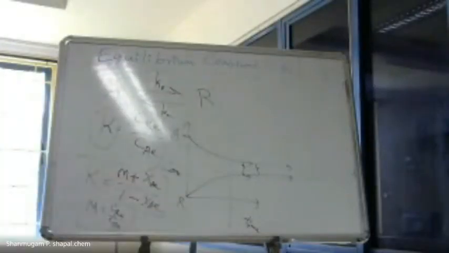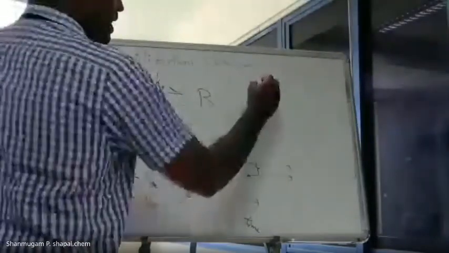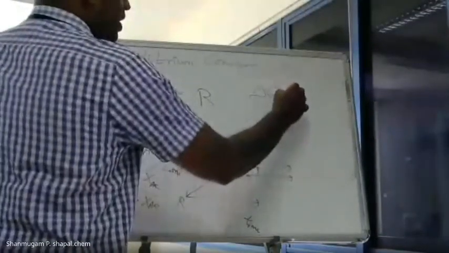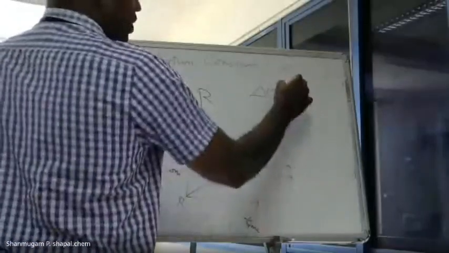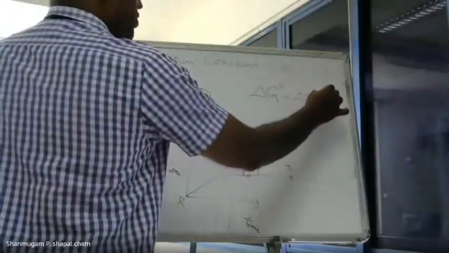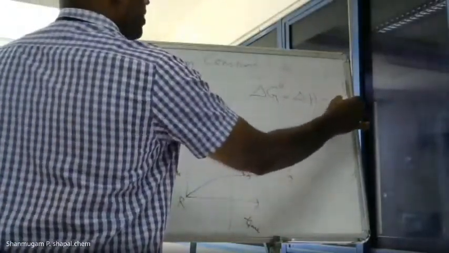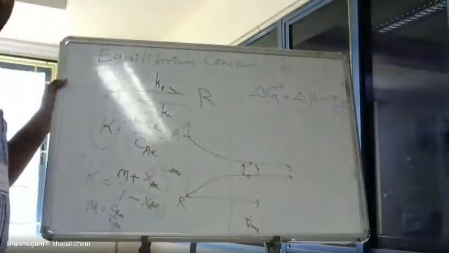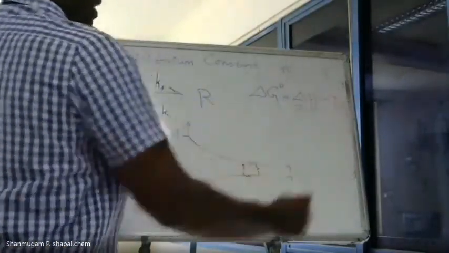The Gibbs free energy, where you have delta G, that is the energy required, equal to delta H minus T into delta S. That is the entropy, and this is the enthalpy. Enthalpy minus the entropy.